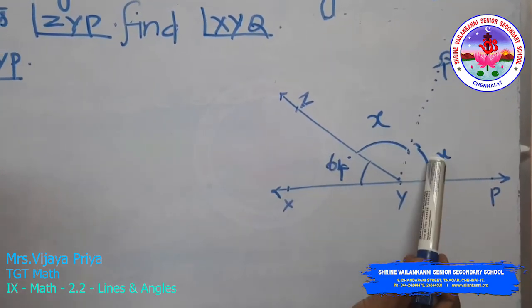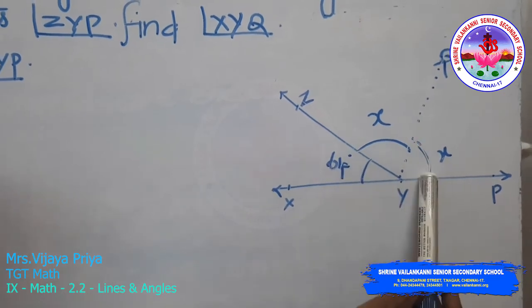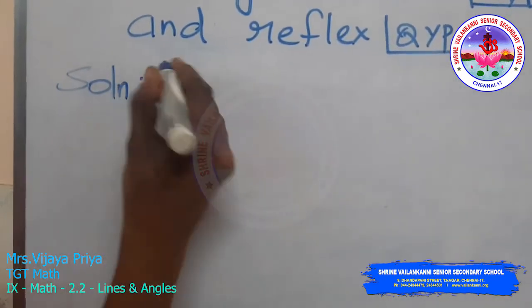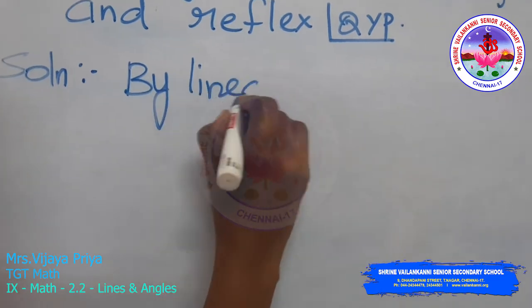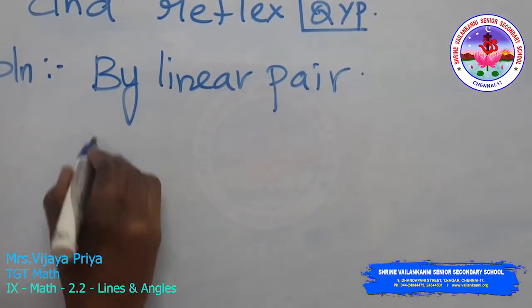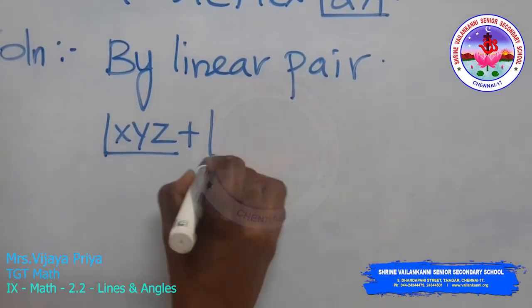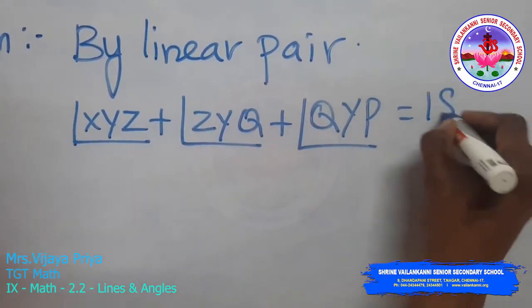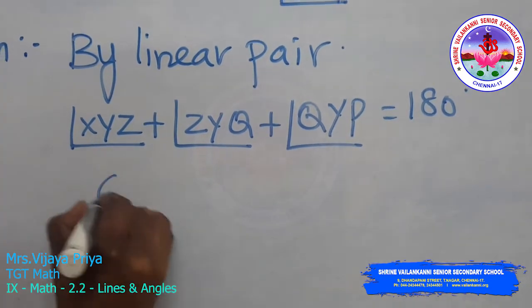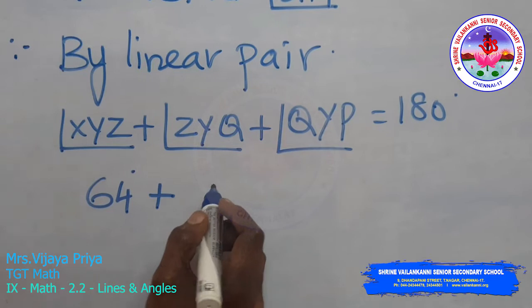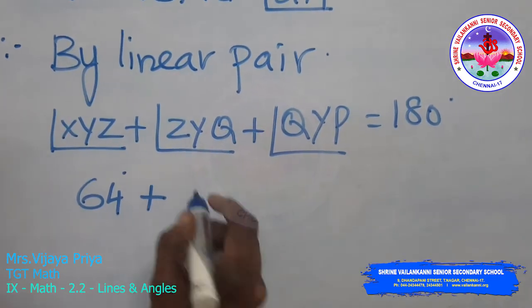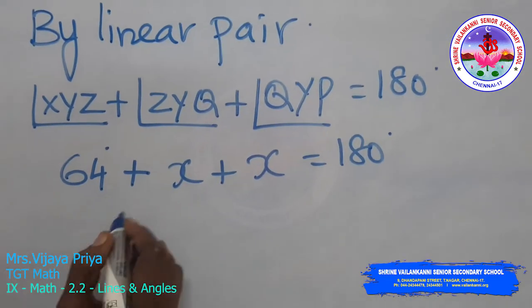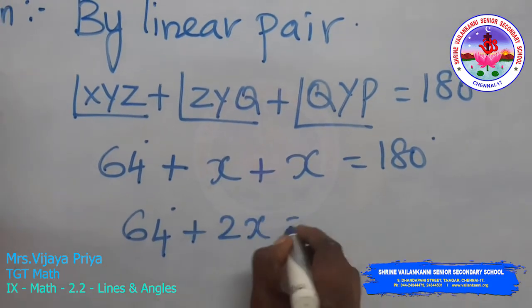So these three adjacent angles by linear pair form 180 degrees. So by linear pair, we get the sum of three adjacent angles: angle XYZ plus angle ZYQ plus angle QYP is equal to 180 degrees. We already know XYZ is 64 degrees, and since QY bisects ZYP into two equal angles, we get x and x. So 64 degrees plus 2x is equal to 180.